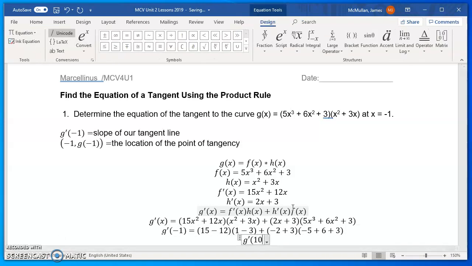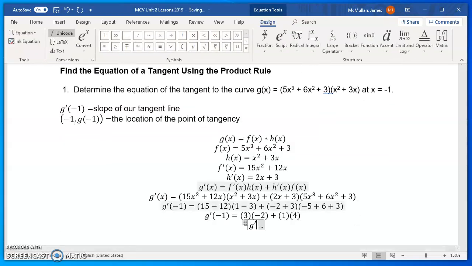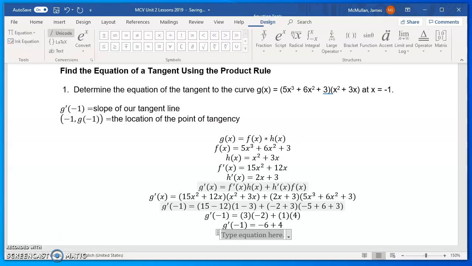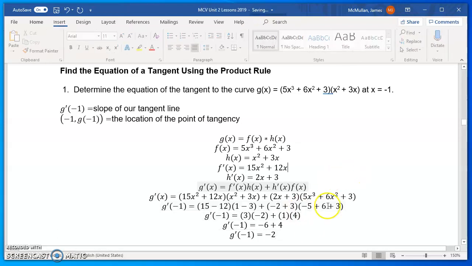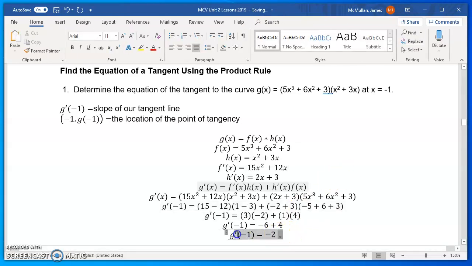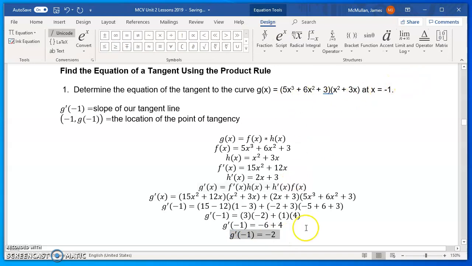So g prime of minus 1 would be equal to 3 times negative 2 plus 1 times 4. Okay, so g prime of minus 1 is equal to negative 6 plus 4. G prime of minus 1 is equal to negative 2. So this is the slope of my tangent at the point that I'm interested in.